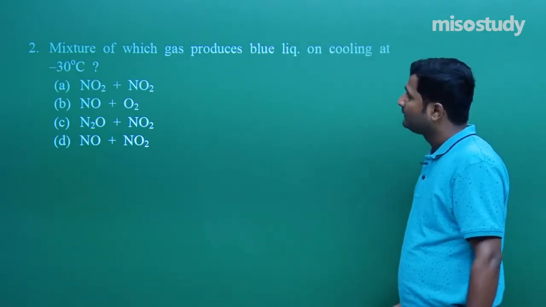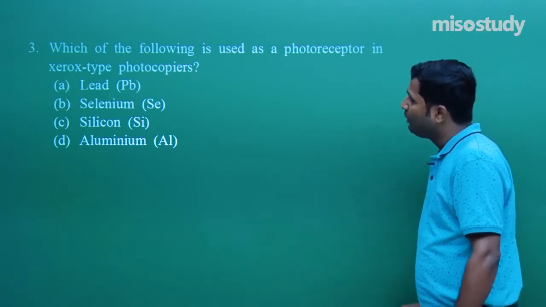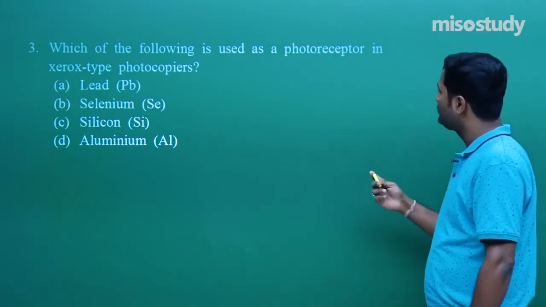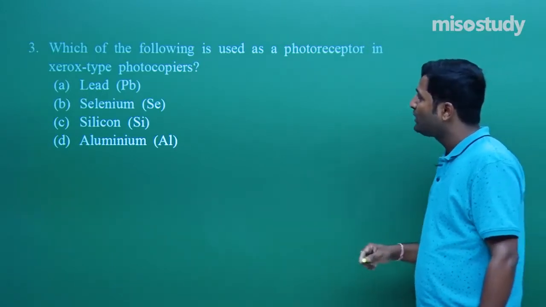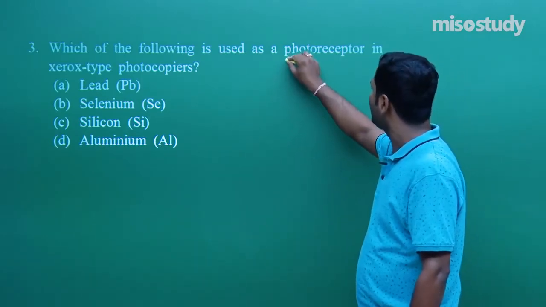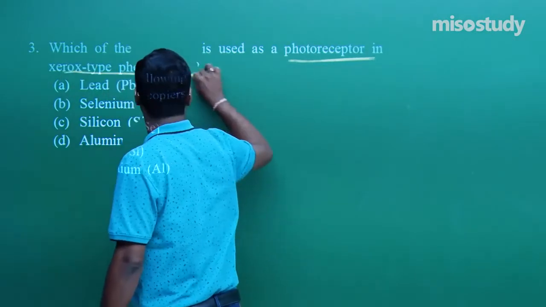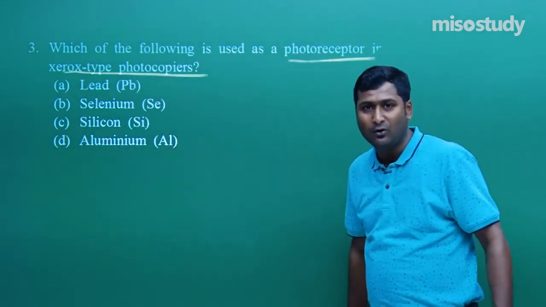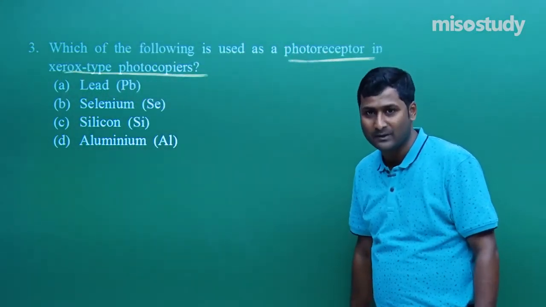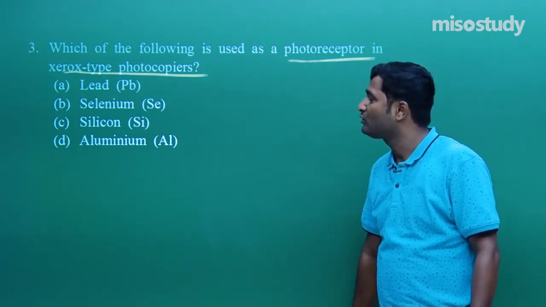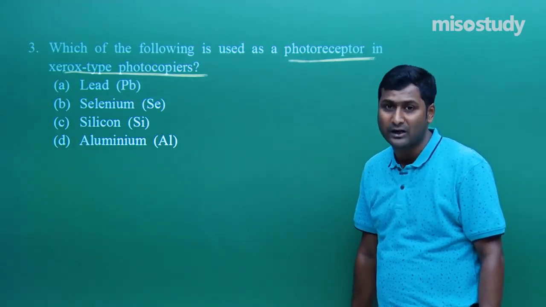Now look at question number 3. Which of the following is used, again this is a theory type question, which of the following is used as a photoreceptor in Xerox type photocopies? We all know this is selenium, because it has photovoltaic and photoelectronic property.